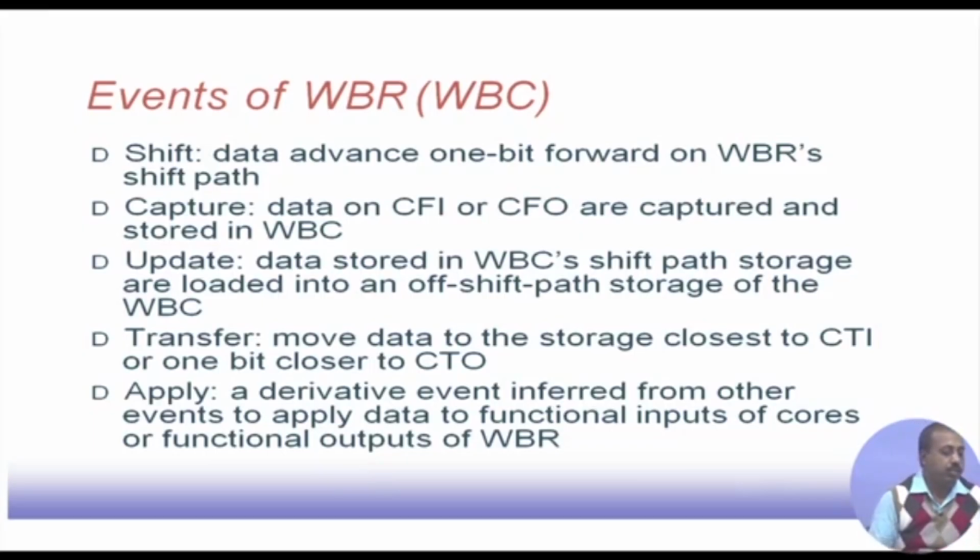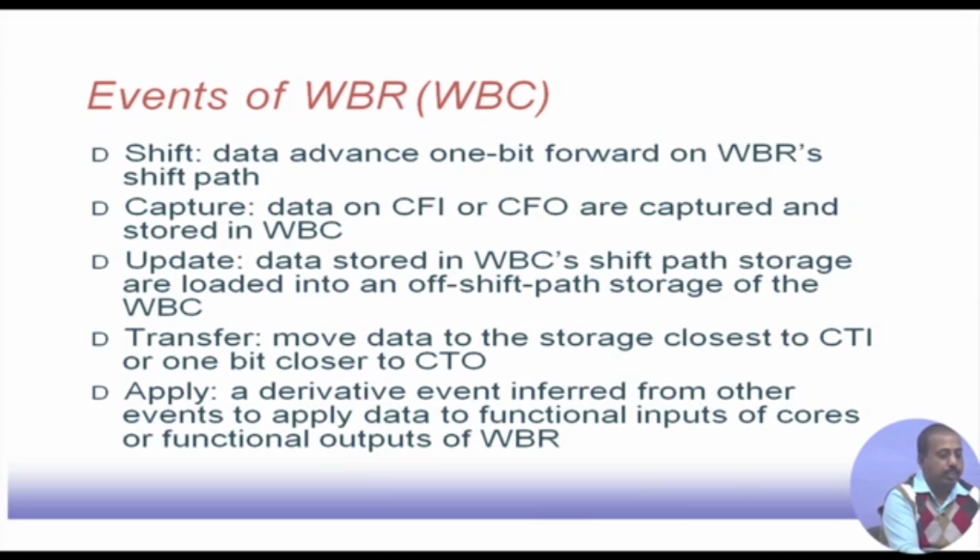Then transfer: it moves data to the storage closest to CTI, or 1 bit closer to CTO. From CTI it will go to the next position, towards the CTO, by 1 cycle.